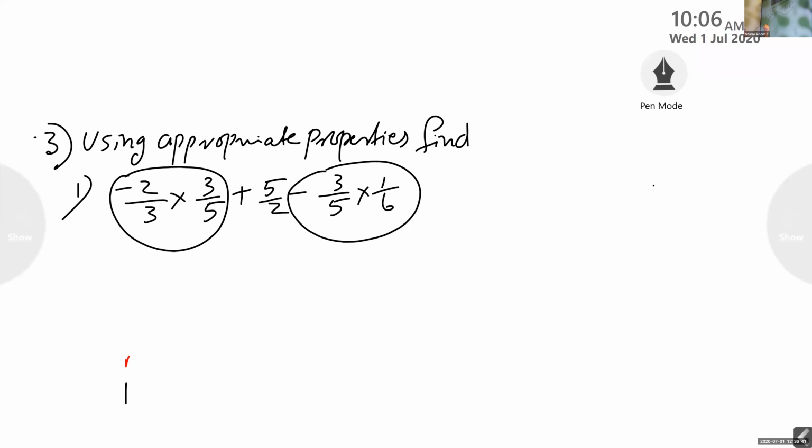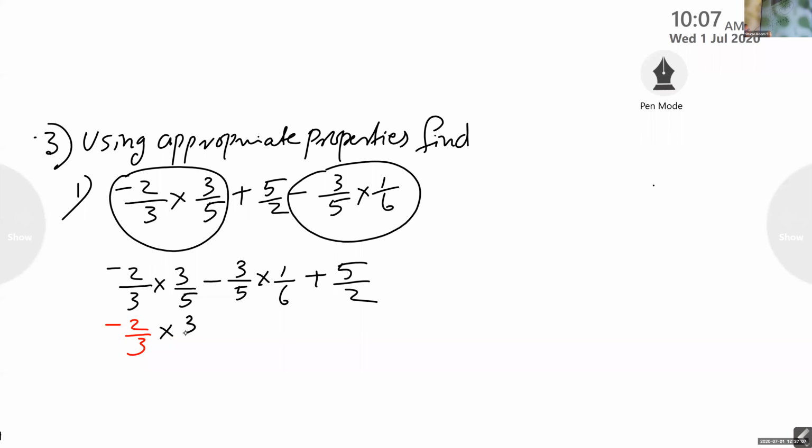So I will write negative 2 by 3 into 3 by 5 minus 3 by 5 into 1 by 6, and plus 5 by 2. Negative 2 by 3 into 3 by 5 plus, I'm writing plus. Then this negative sign I'm giving to 3 by 5.